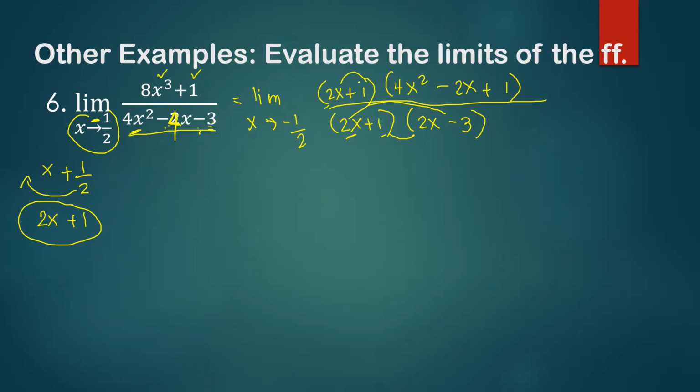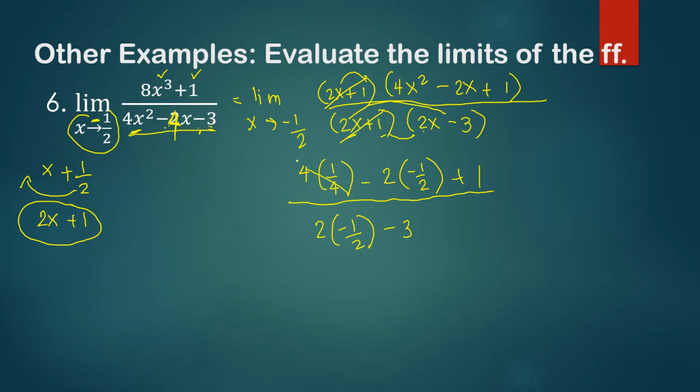So the 2x plus 1 will cancel out. So as x approaches negative 1/2 anyway, that will be 4 times negative 1/2 squared is positive 1/4 minus 2 times negative 1/2 plus 1 for the numerator. For the denominator, we have 2 times negative 1/2 minus 3.